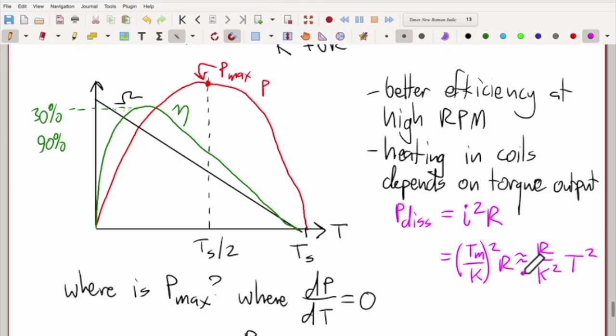In other words, dissipation in the coils does not depend on the power, it actually depends only on the torque. And that's convenient because then we have dissipation as a function of torque.